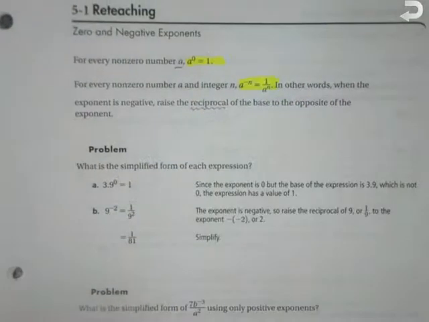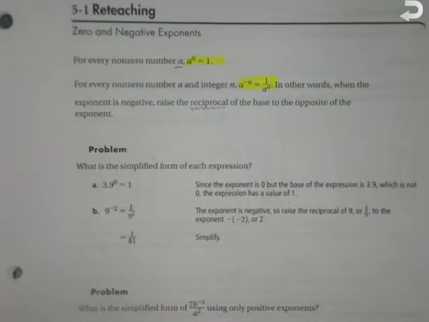Another way that I like to think about this, if a term has a negative exponent, it's like a big neon sign that's saying, I am in the wrong place. So we have to move it either up or down, depending on where it started, to the right place. Once we get that term to the correct place, the exponent becomes positive, because a positive exponent means it's in the correct place.